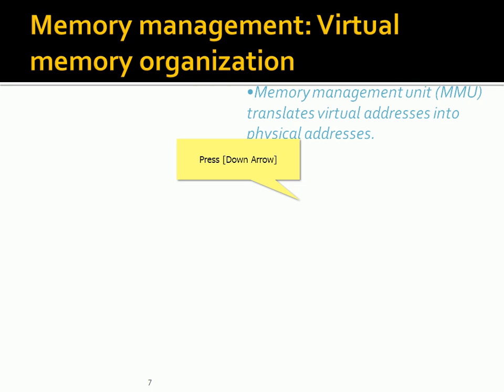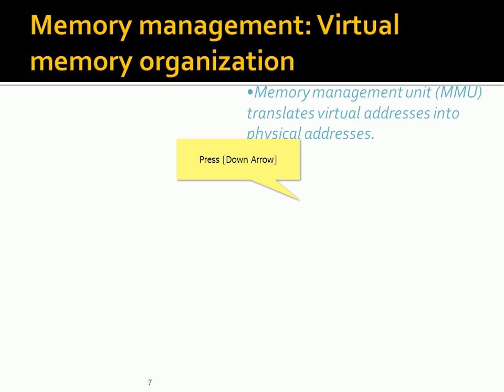The address released by the processor will reach the memory management unit. The memory management unit will analyze that virtual address and try to translate it into a physical address. The physical address helps us bring the data or instruction available in the main memory.